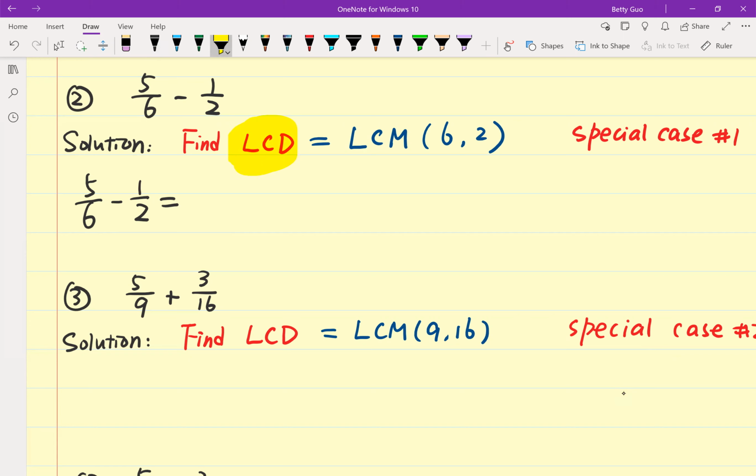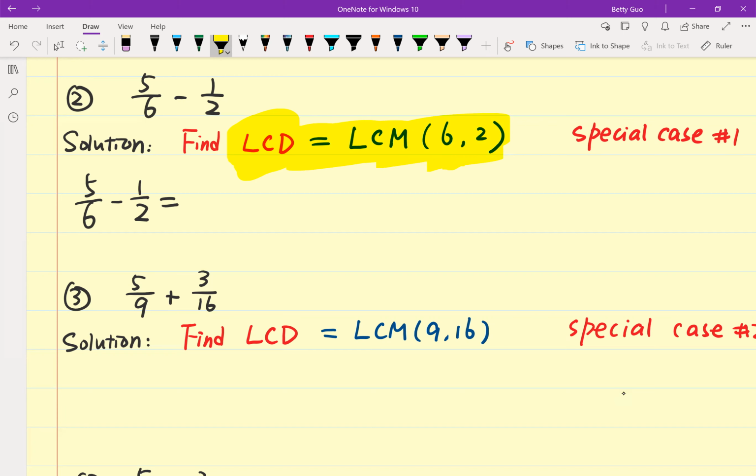You might still remember these initials, right? LCD represents least common denominator. The least common denominator of two fractions is the least common multiple of the two denominators. You need to write that down.